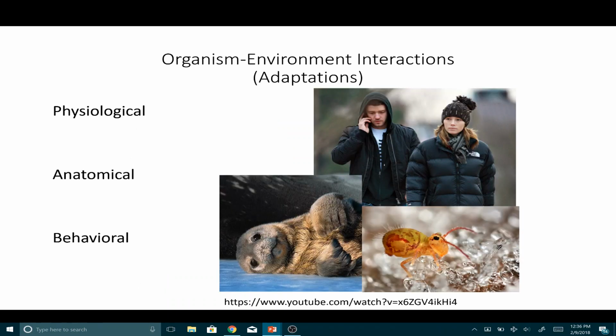Right, and lastly, I want to talk about organism adaptations to their environment. So you have physiological adaptations, which occur in the seal, for example.